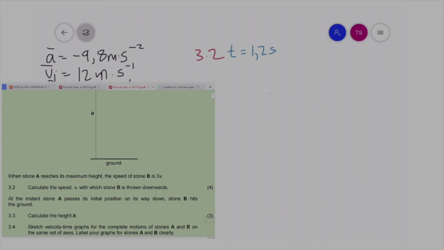Because they say when stone A reaches its maximum height, the speed of stone B is 3v, which is what we are trying to calculate here. And then we have our acceleration, which is negative 9.8 meters per second squared.